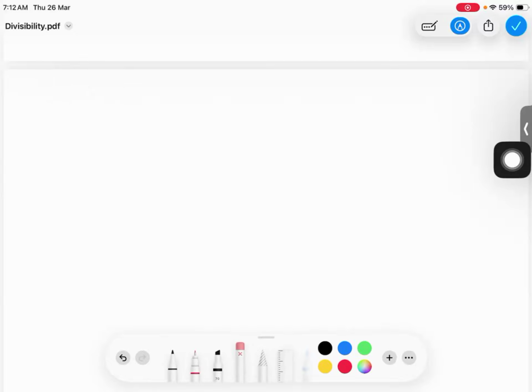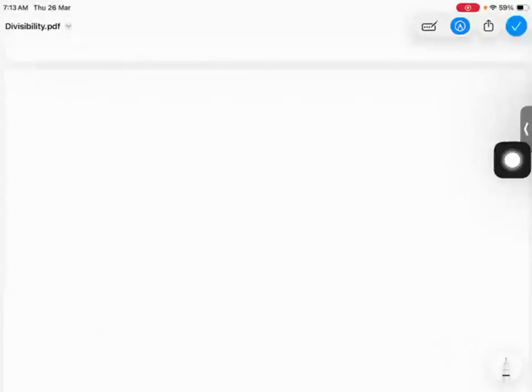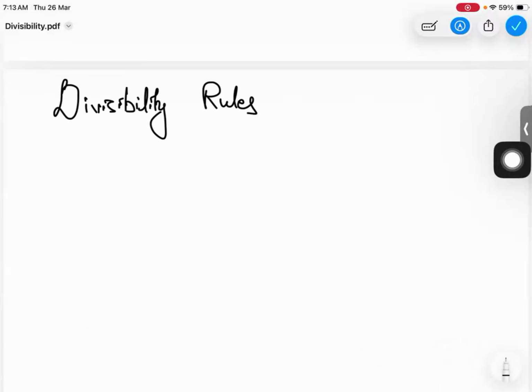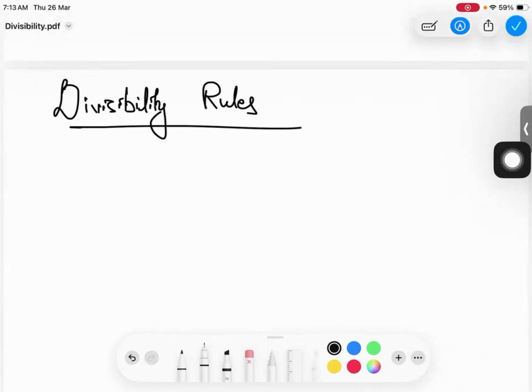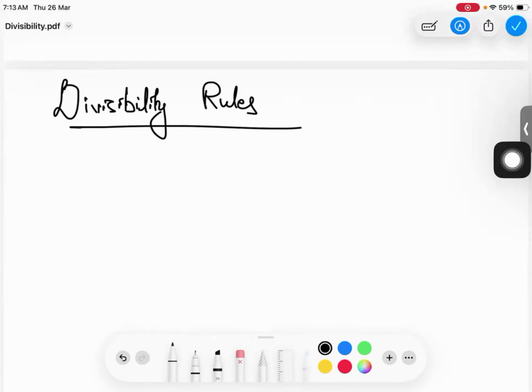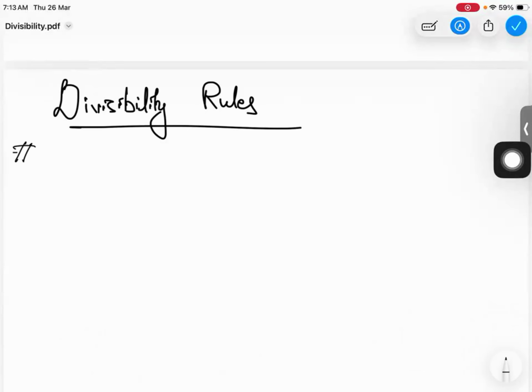All right. So we are doing this right from school, I believe. This is nothing new. Divisibility rules. We will start with 2, the very basic thing. What is the divisibility rule?